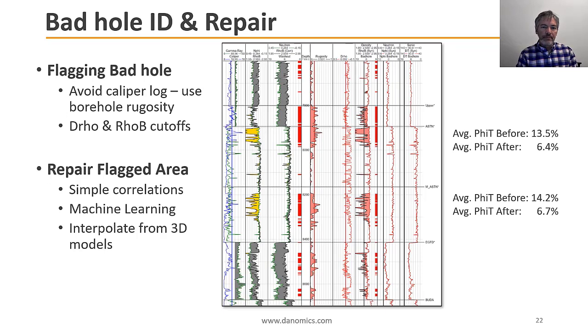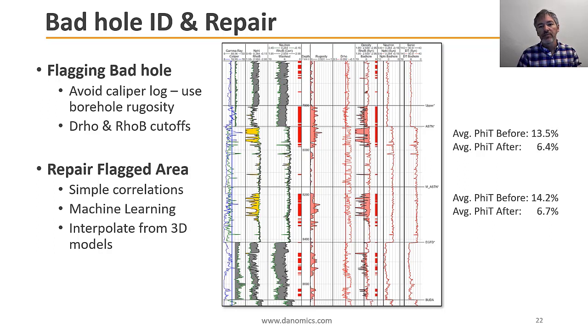Okay, so a few thoughts here on bad hole identification. Although in a single well analysis, using the caliper log is a very common practice, when you're working with multi-well projects, I often encourage people to avoid using the caliper log by itself.